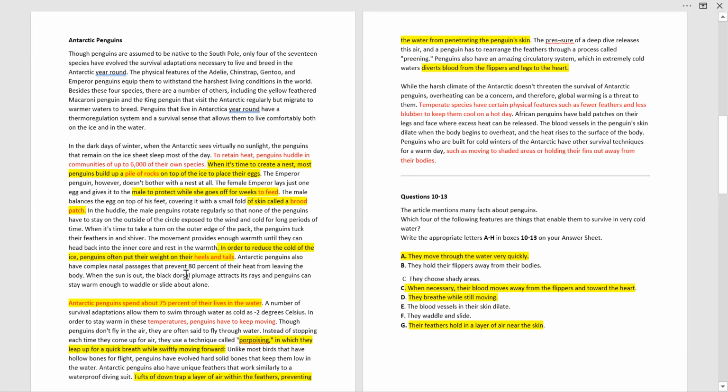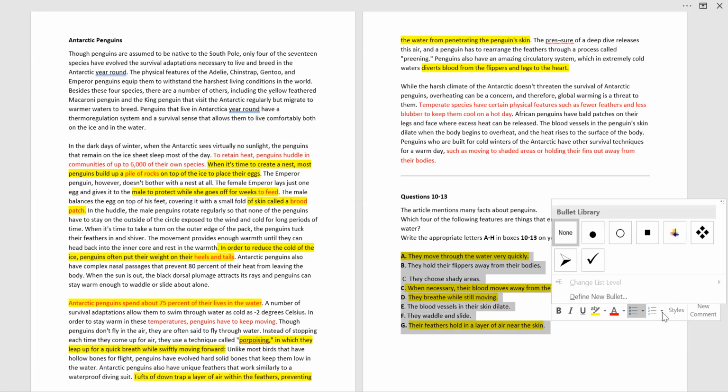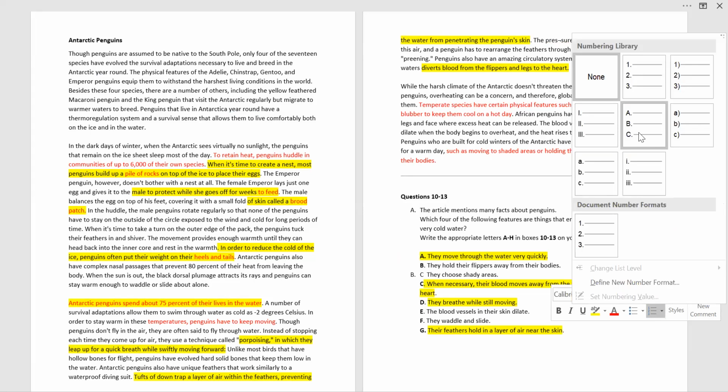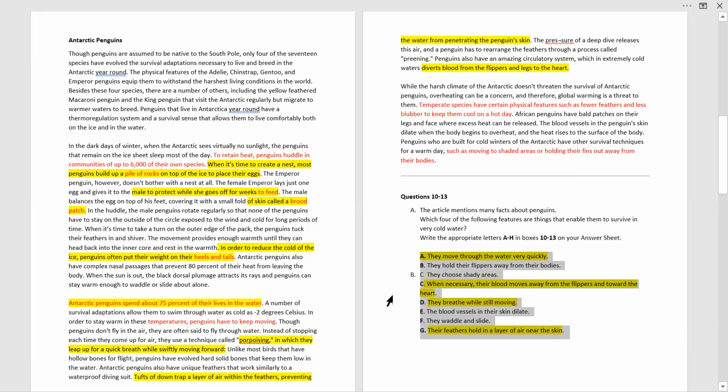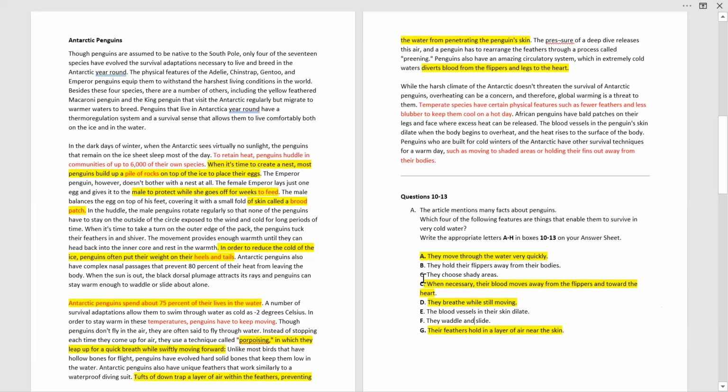Obviously the order is not correct here. They need to be A to H. I'm not able to give that order. I'll try to change the order again, because you might be getting this reading somewhere, and obviously the order will not be as I have selected the options.